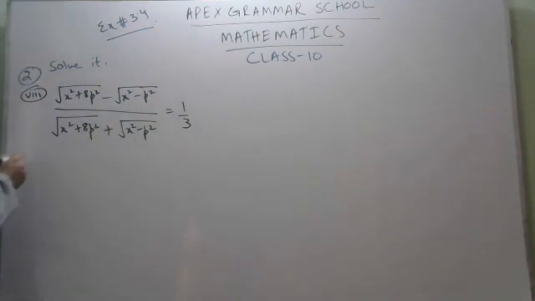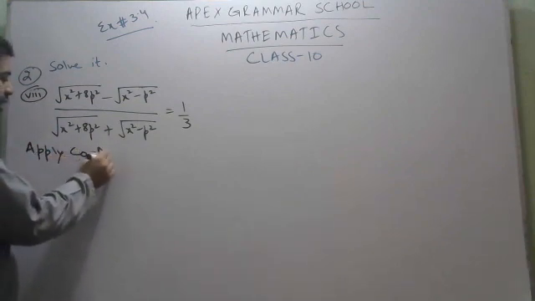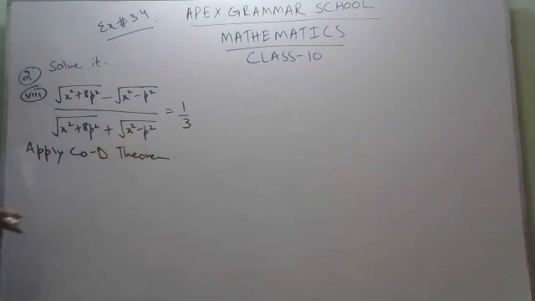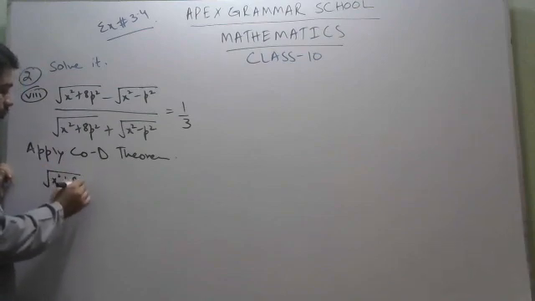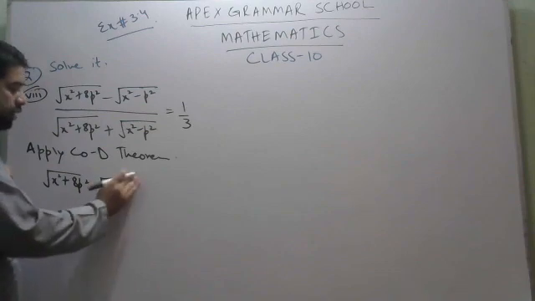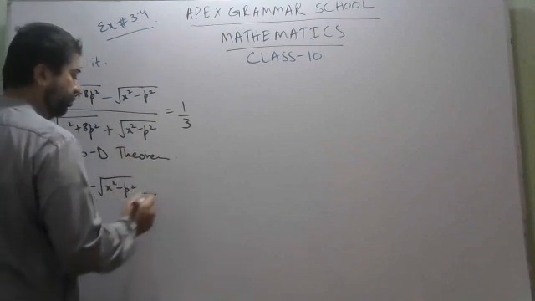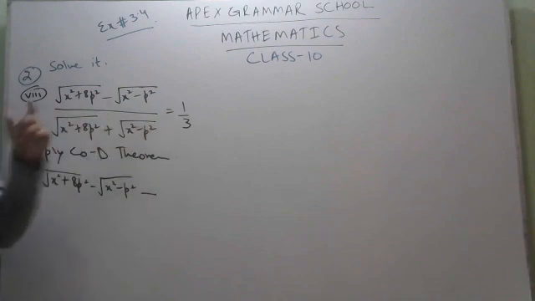So apply the componendo and dividendo theorem. First is the numerator. And then the negative sign, just because of this negative sign. And after the negative sign, all the signs must be changed.